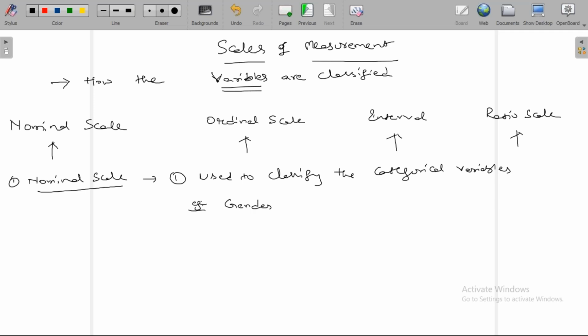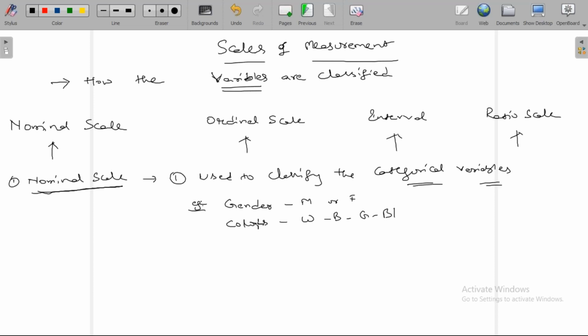So what are the characteristics of the nominal scale? The first characteristic is that they are non-comparable. Can you compare male with female? Male is greater than female, or female is greater than male? You cannot, right?